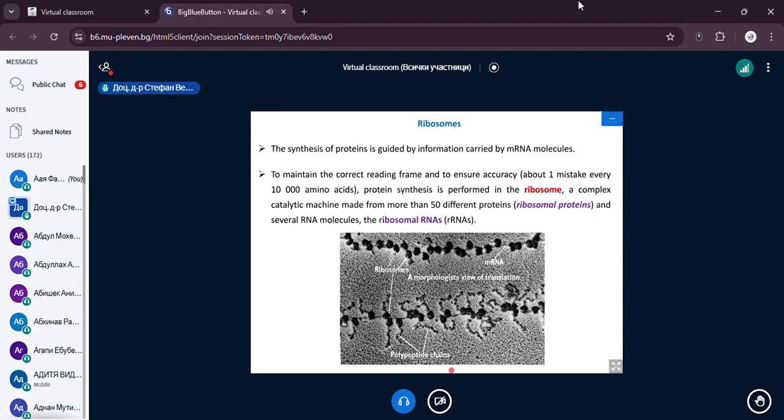Ribosomes are the organelles which are guiding the process of protein synthesis. This process is called translation. The synthesis of protein is starting when messenger RNA is produced in the nucleus. So that's how the genetic code from DNA is transcribed into the genetic code of RNA.